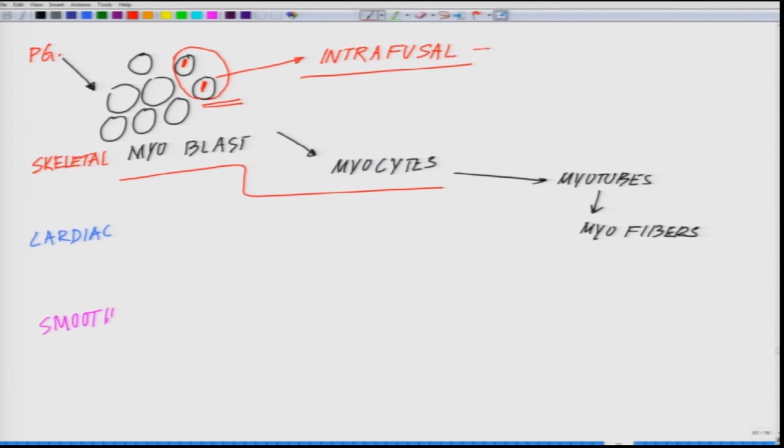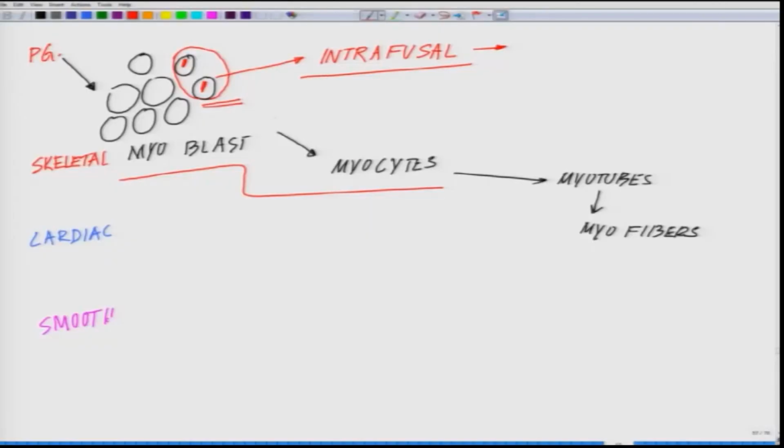There are a few works. I'll give you some reference material you can go through if you are interested in what becomes intrafusal. But these intrafusal fibers, as compared to the other bunch, the large number, the extrafusal, the fundamental difference is again in the myosin.